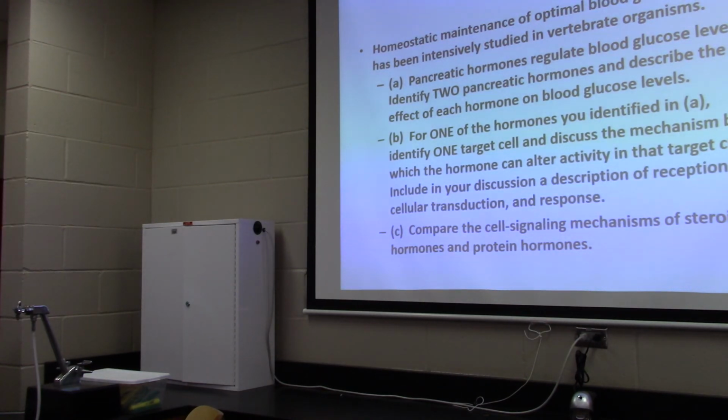And then in C, compare the cell signaling mechanisms of steroid hormones and protein hormones. The keys here. Protein hormones have to bind where? Receptors where? On the outside. Extracellular receptors, because proteins are what kinds of things? Big and polar, charged. And because they're binding to those extracellular receptors, they can cause pretty fast responses, but that are what kind of response in terms of duration?